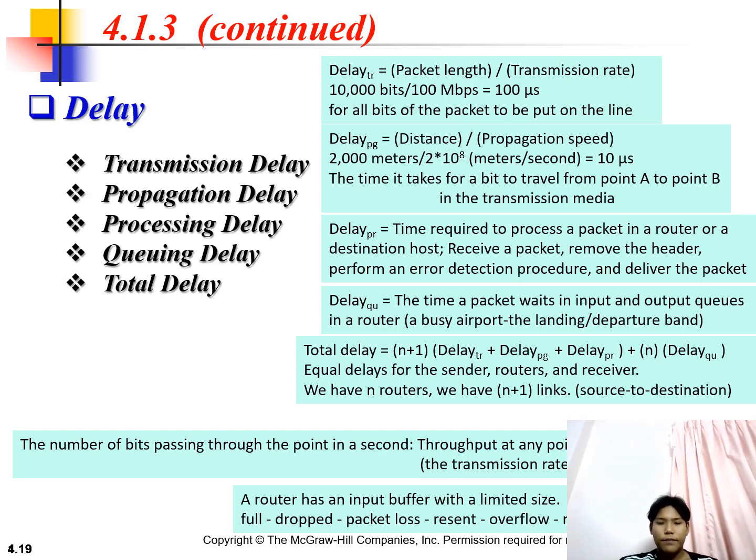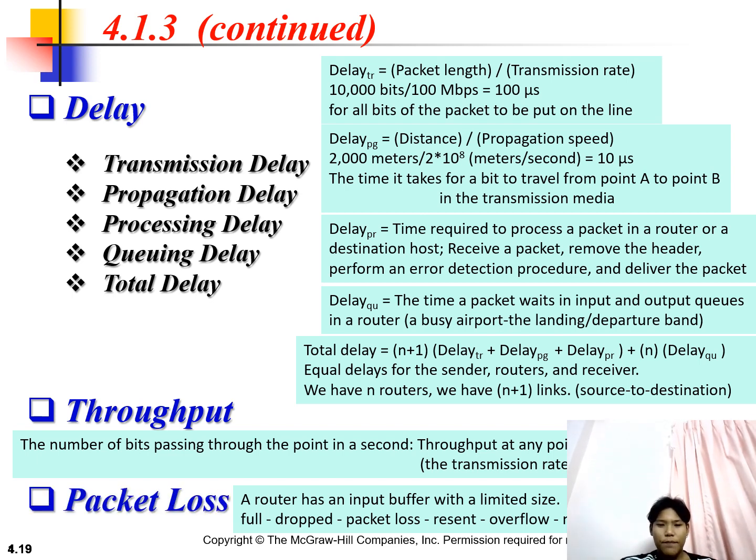Delay: transmission delay, propagation delay, processing delay, queuing delay, and total delay. Throughput is the number of bits passing through a point in a second. Packet loss.